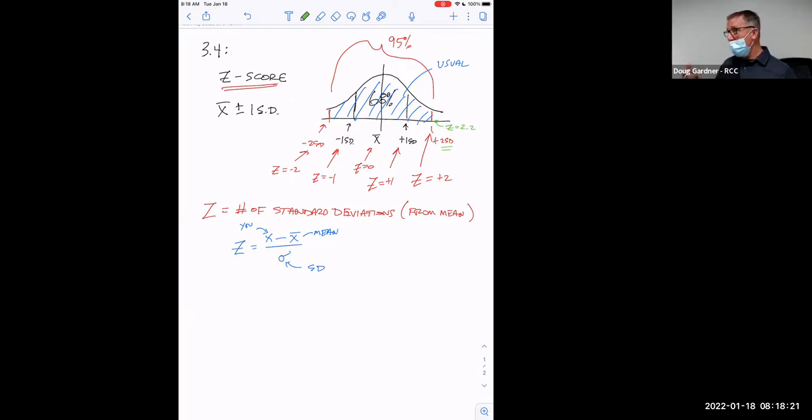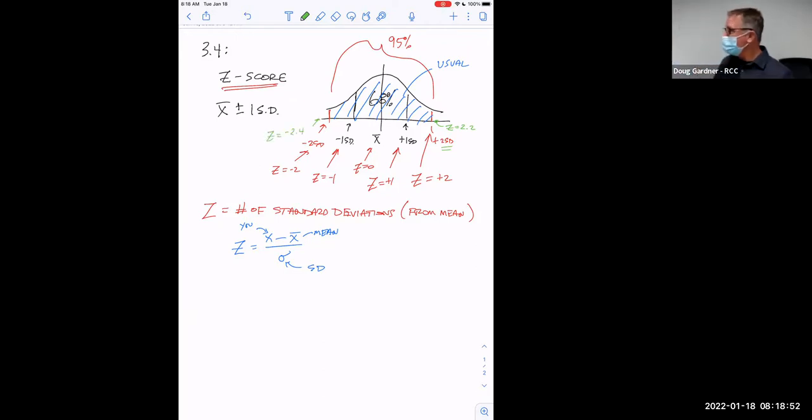Now, because I'm more than 2, does it make sense I'm unusual? But I'm not way beyond 2. I could be at 3.7. I'm not way beyond 2, but I'm a little more than 2. So just from that number alone, if the doctor said your cholesterol score gives you a z-score of 2.2, that means I'm unusually high. Not unusual, but unusually high. What if I had a z-score of -2.4?